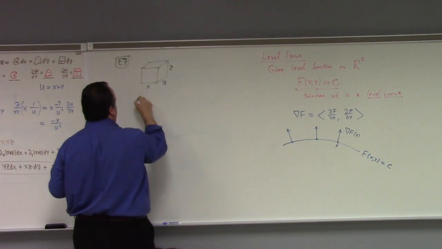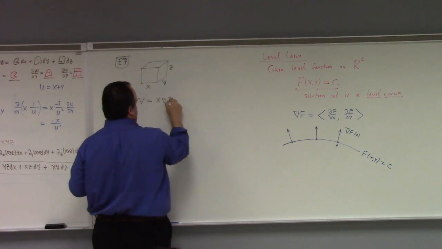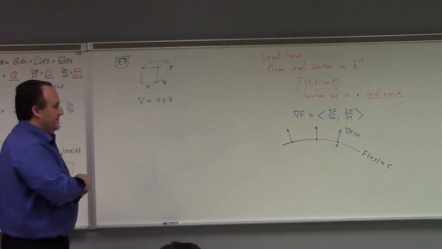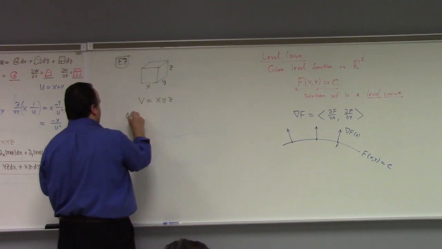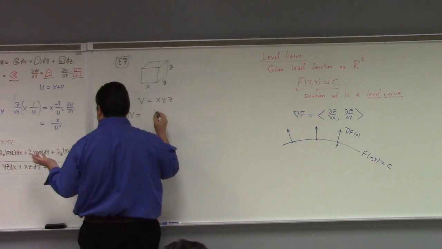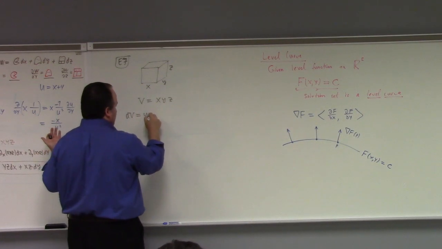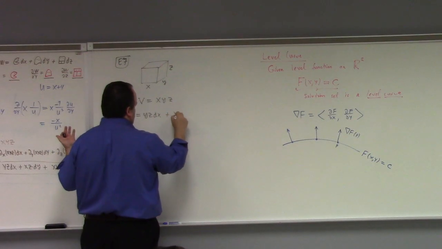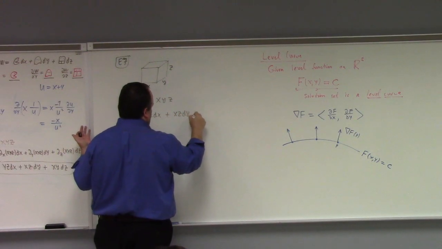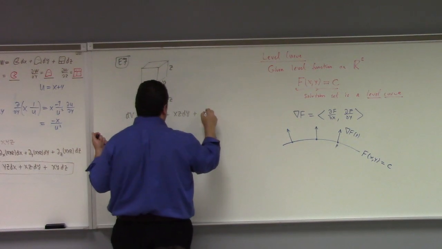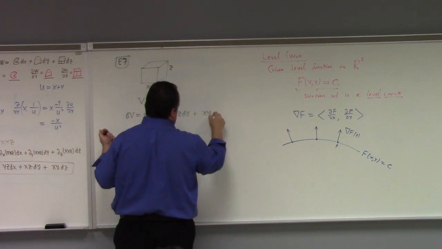The volume is xyz. So if we take the differential of the volume, we've just worked it out: dv is yz dx plus xz dy plus xy dz.